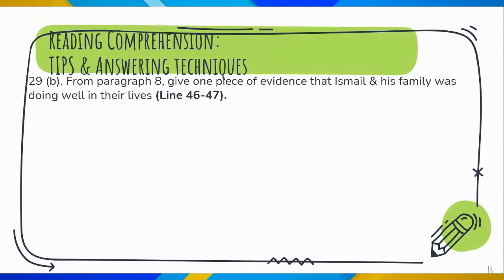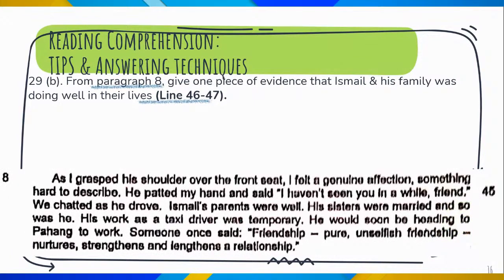Okay, now 29B. From paragraph 8, give one piece of evidence that Ismail and his family were doing well in their lives. So you have to look for two things here, paragraph 8 and line 46 to line 47. Paragraph 8 is here, and then the line 46.